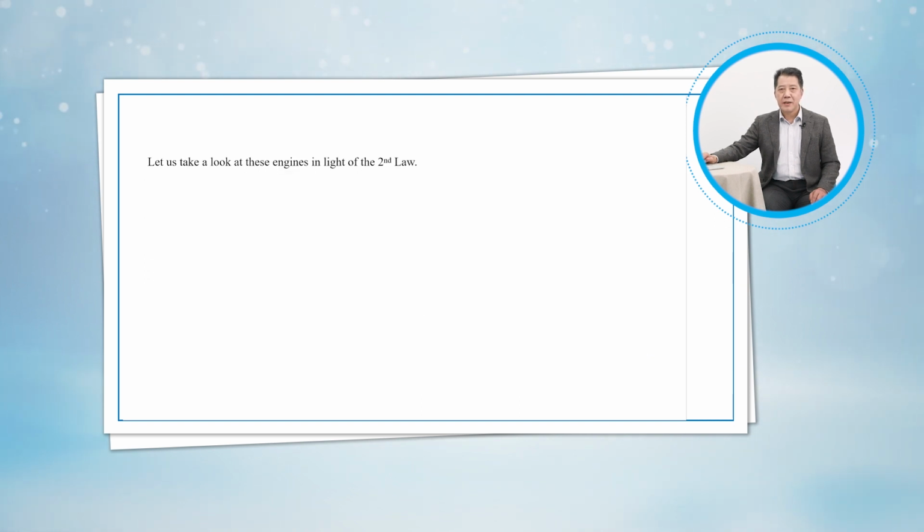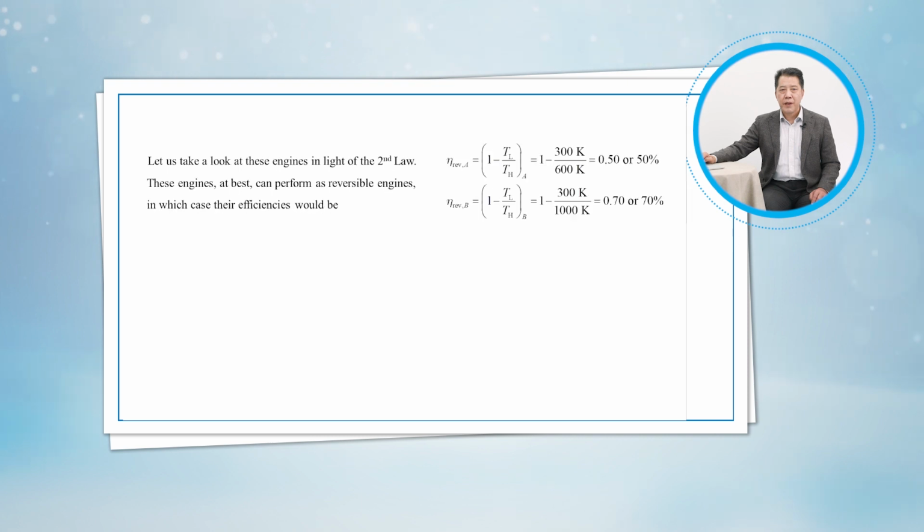At first glance, both engines seem to convert to work the same fraction of heat that they receive. Thus, they are performing equally well. When we take a second look at these engines in light of the second law of thermodynamics, however, we see a totally different picture. These engines, at best, can perform as reversible engines, in which case their efficiency would be.